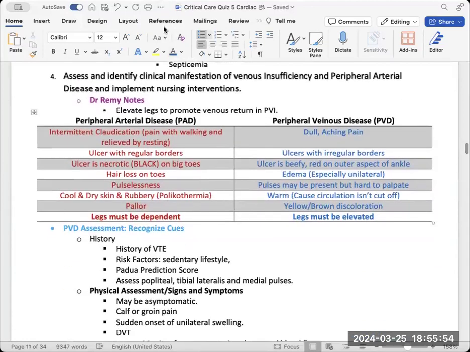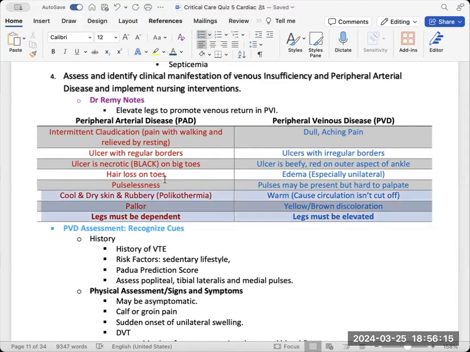The next question is to assess and identify clinical manifestations of venous insufficiency and peripheral arterial disease and implement nursing interventions. So she just said for this, to elevate the legs to promote venous return, right? That's the whole point. We elevate the legs, as we mentioned, in someone who has peripheral venous insufficiency to promote venous return.